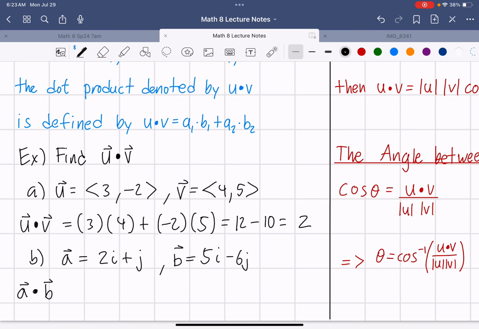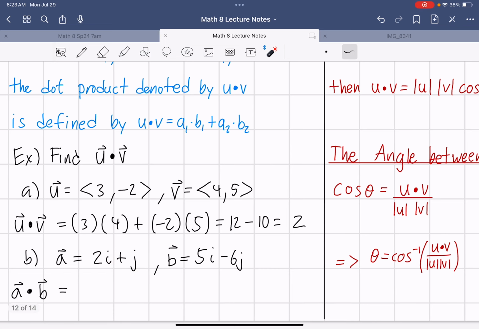If you want to try, pause the video and try the next example. In this next example, I'm just using the i and j notation. But same thing. The x component for vector a is 2. For vector b, it's 5.